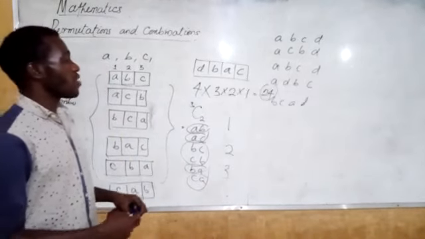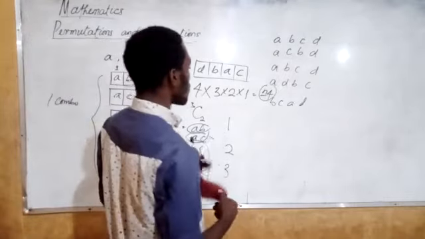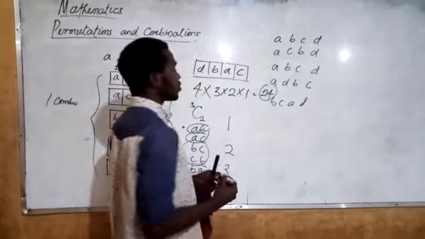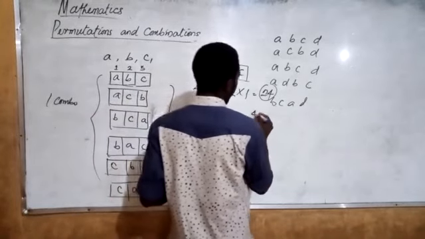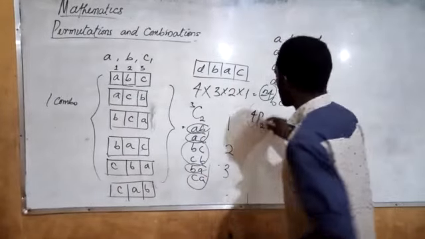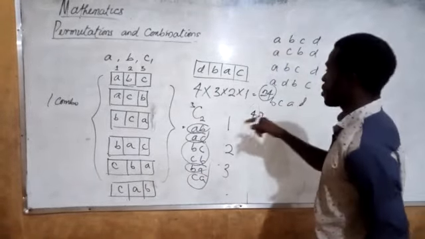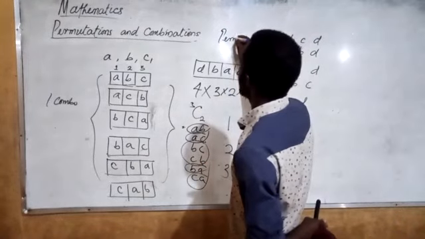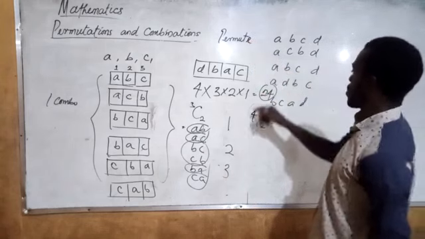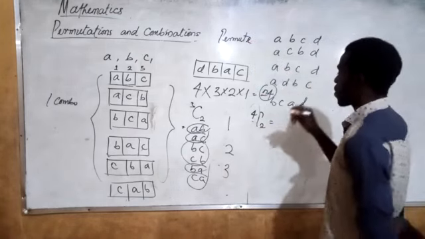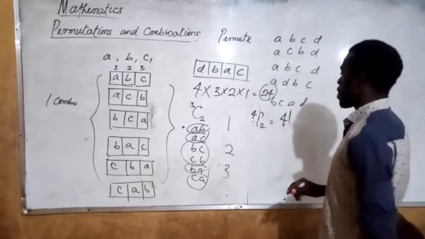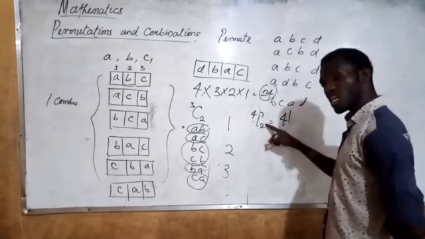Now let's generate a formula for permutation. How do we do that? For example, if I ask you to find 4 permutation 2, what you simply do is this. To permute, that is the verb for permutation, four things, you can permute four things 4 factorial number of times. But you are permuting only 2 things out of the 4.